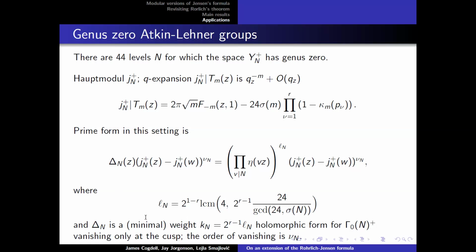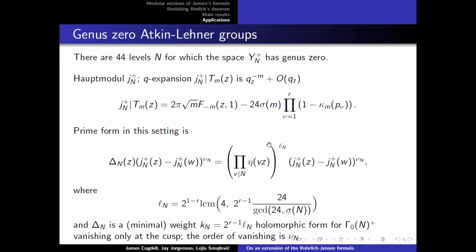And the minimal weight is known from the work that is joint with J and Holger. And this weight is 2 to the r minus 1 times l_n, where l_n is just this number expressed in terms of the level n. And the prime form is just this delta times the difference of the Hauptmoduln to the power nu_n, where nu_n is the order of vanishing of delta n.